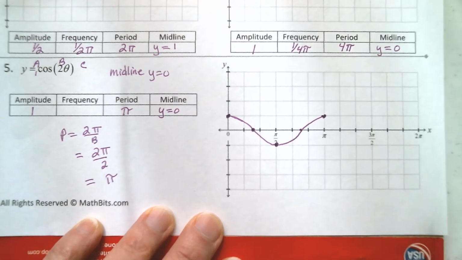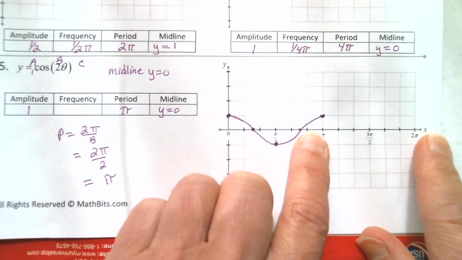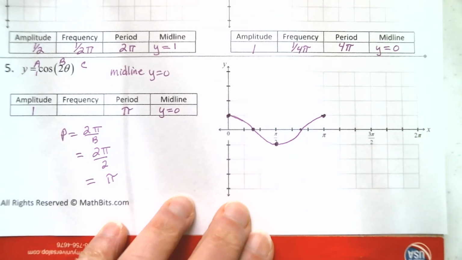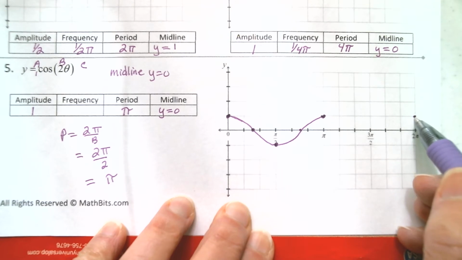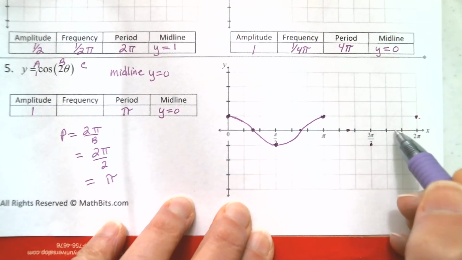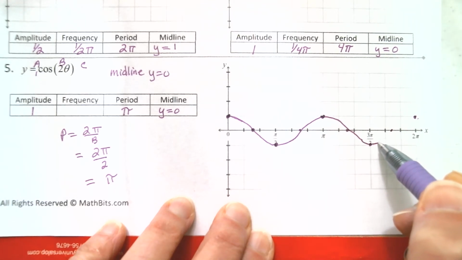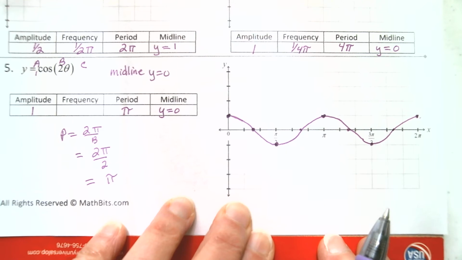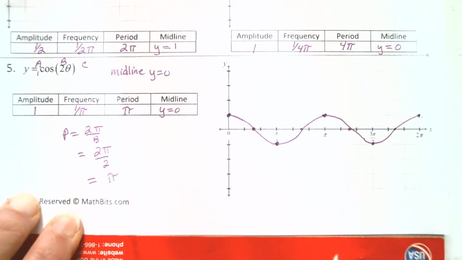And then from pi to 2 pi, that's another distance of pi radians. We'll have a second cycle. So max to max, min, on the midline, on the midline. And the frequency would be the reciprocal, 1 over pi.